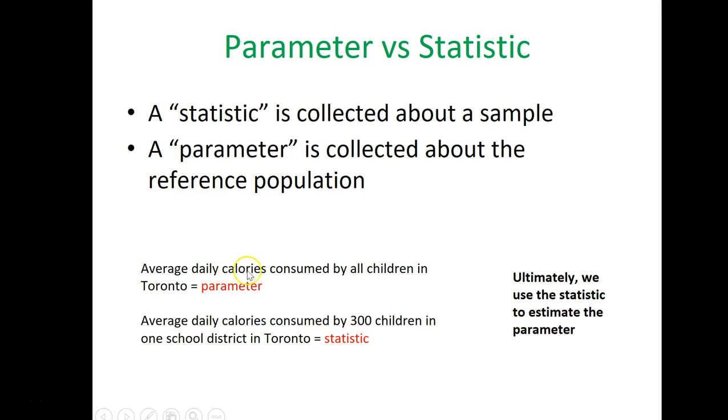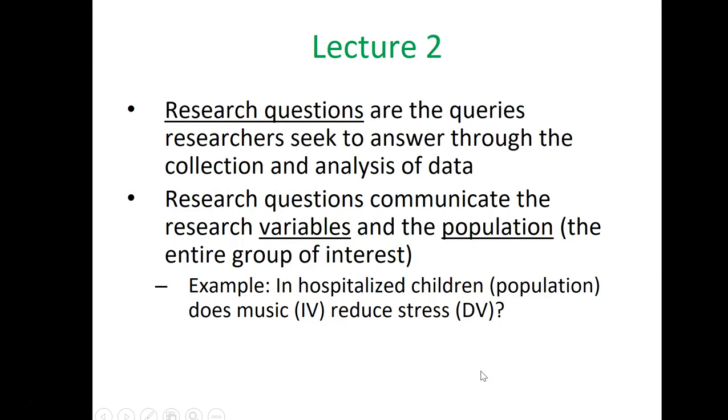Example, the average daily calories consumed by all children in Toronto. That's a parameter, because I can't collect that. It's not possible. That's what I want to learn about. But my sample of 300 kids in one particular school district, that's my statistic. And I will use my mathematical techniques to estimate the parameter from the statistic.